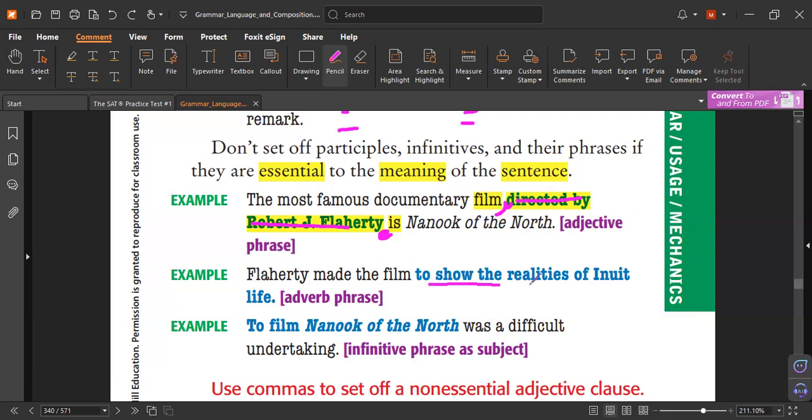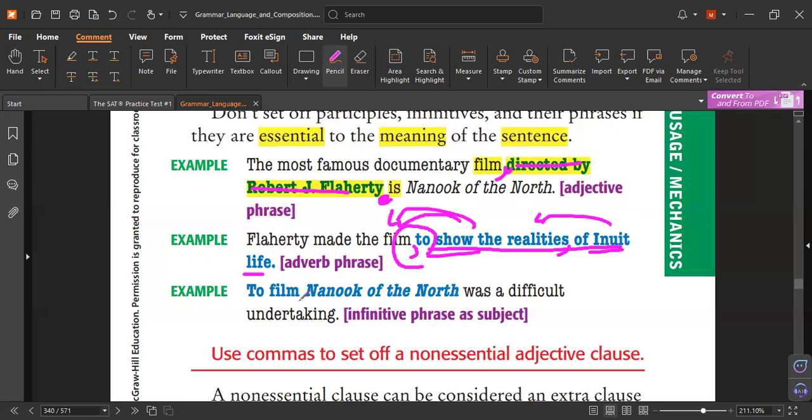So this information, if I delete it, affects the meaning because it's related to the film. So I cannot delete it. I cannot put a comma here because this is a mistake we make. Can we use a comma here? No. Can you use a comma there? No. Because this phrase describes realities, or this phrase describes the film.